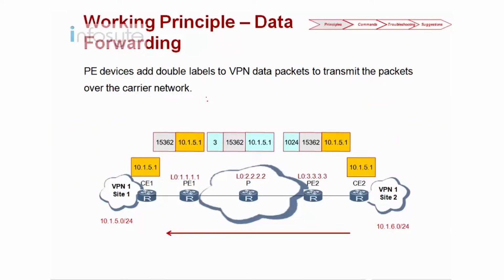Okay, let's have a look. For us to define the MPLS VPN, the first thing we need to make sure is that the IGP is running. When the IGP is up, you can be using OSPF or ISIS protocol.